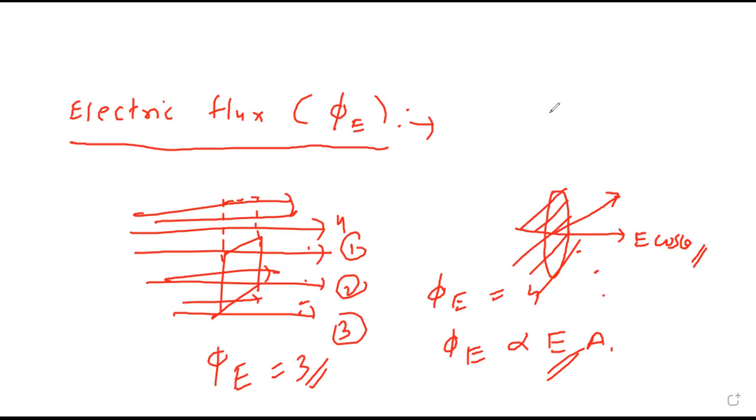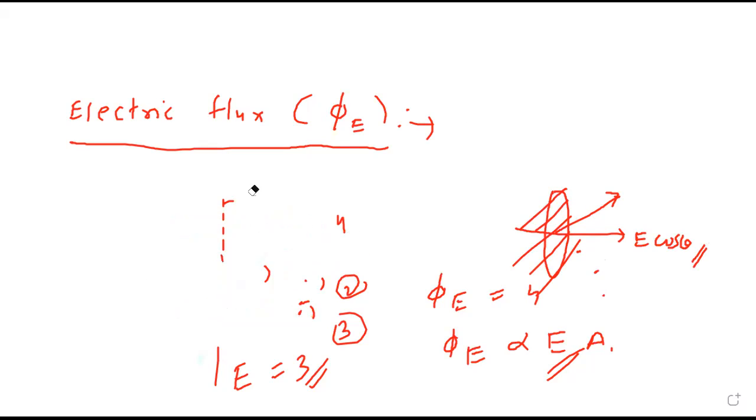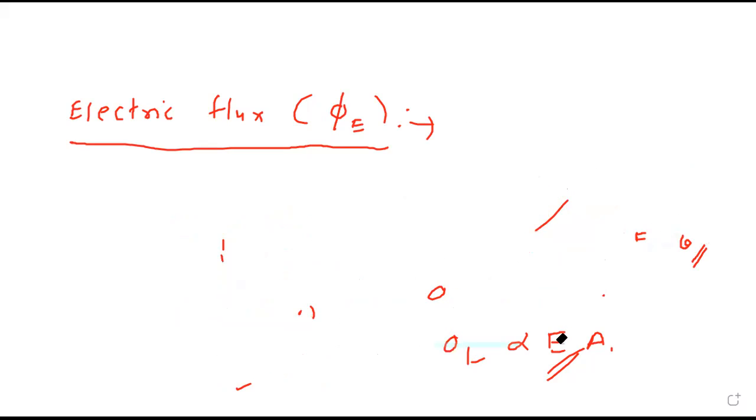Hello? Yes, sir. It is nothing but number of field lines which are perpendicular to the plane surface, depends upon electric field and area, because it should be perpendicular, so it should be having cos component. AB cos theta is actually called as what in scalar vector chapter?